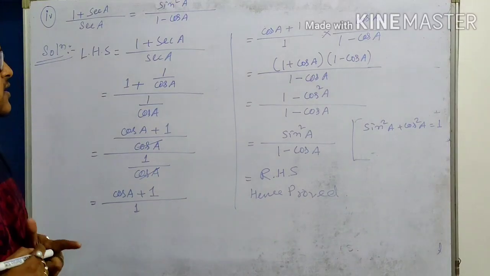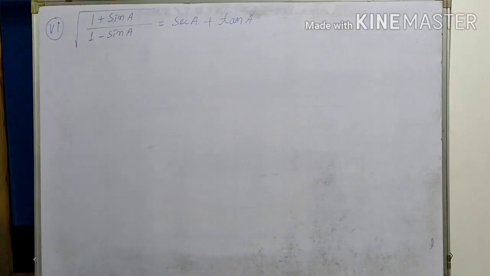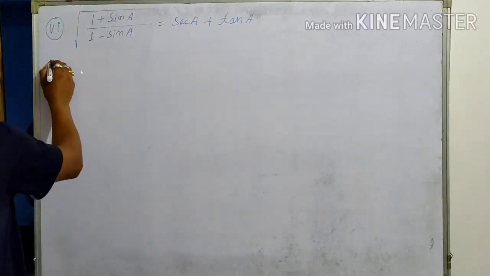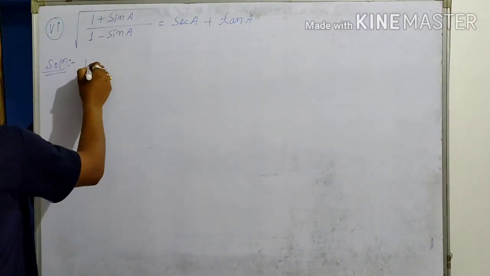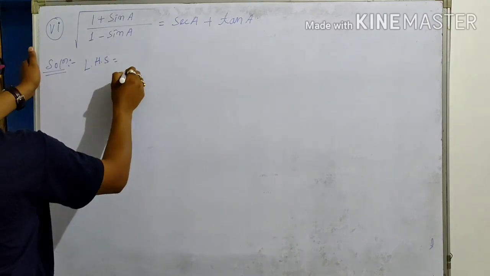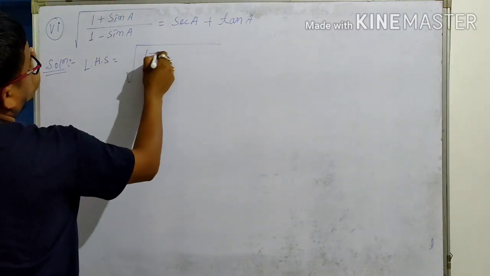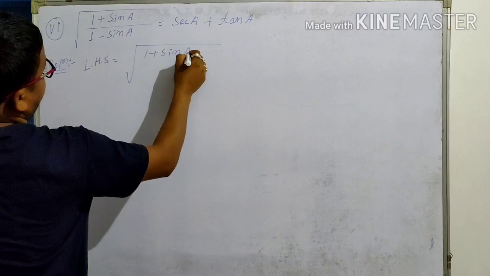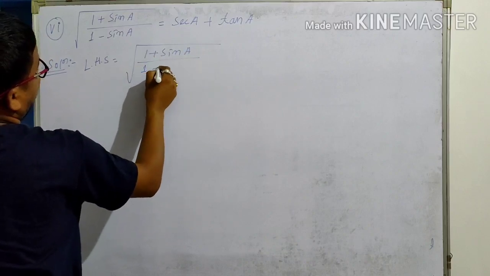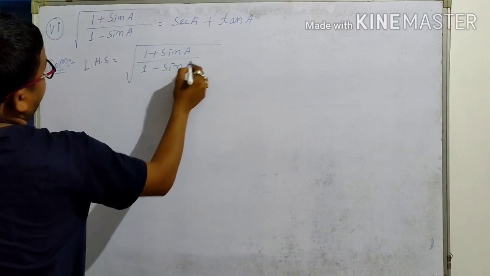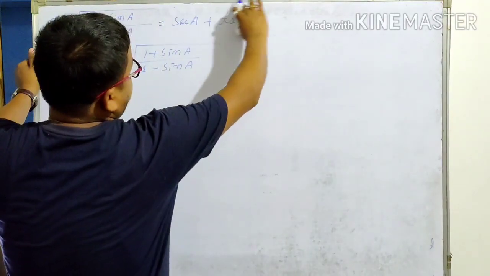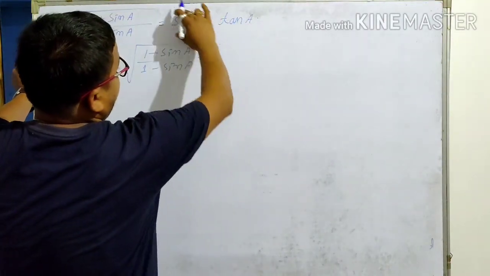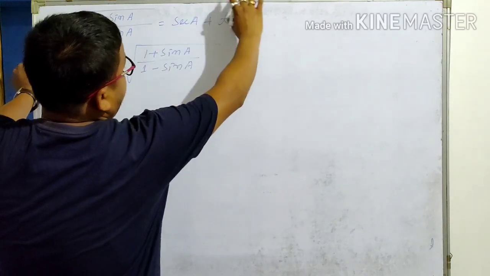Okay. So let's see another problem. Question number 6. I will take the left hand side part, which is given as root over (1 plus sin a divided by 1 minus sin a). Now the right hand side part is sec a plus tan a. So you have to convert the left hand side into this.